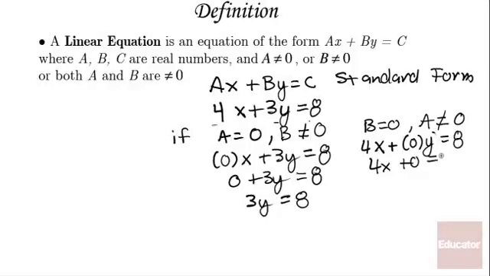Now my y drops out, and I have 4x equals 8. So I have a situation here where I could have 4x plus 3y equals 8, and then I gave another situation where a was equal to 0, but b was equal to 3, and finally b was equal to 0, but a was equal to 4. What I can't have is a situation where both a and b are 0, because if that were to occur, both my x and y would become 0, and then I would not have a linear equation.